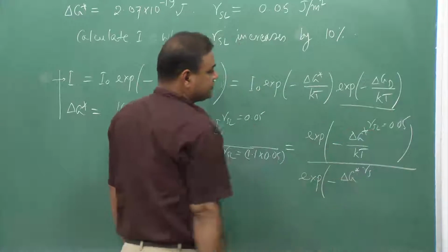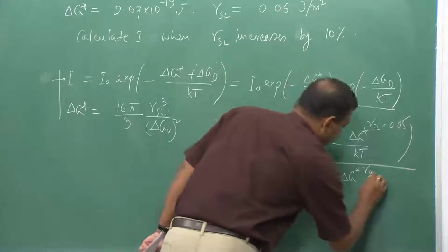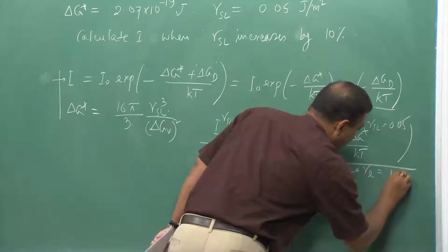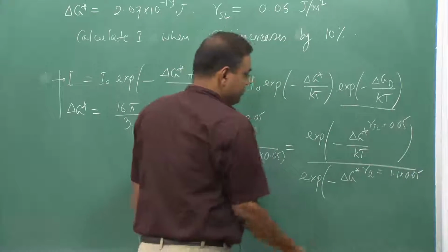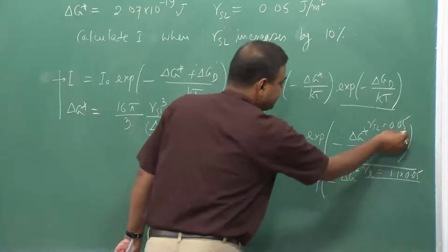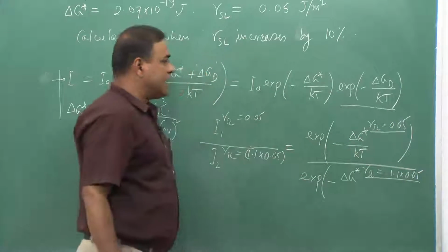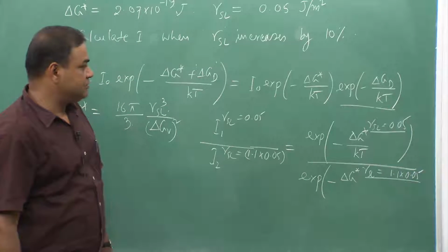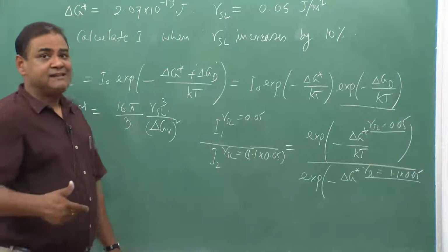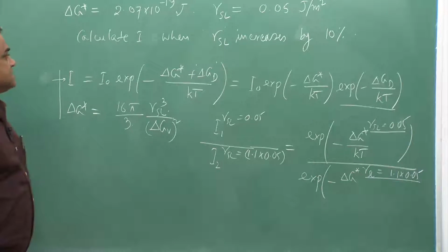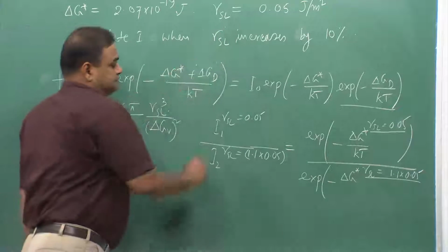I am putting gamma SL as a superscript to indicate that this value we have to calculate when gamma SL equals 0.05, and this value when gamma SL increases by 10% from the existing value.